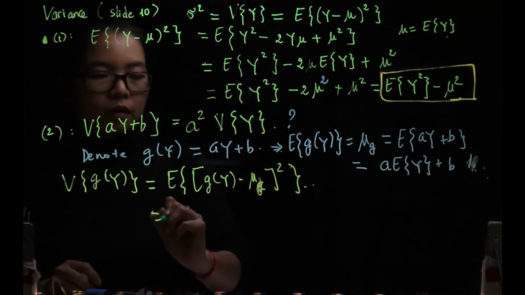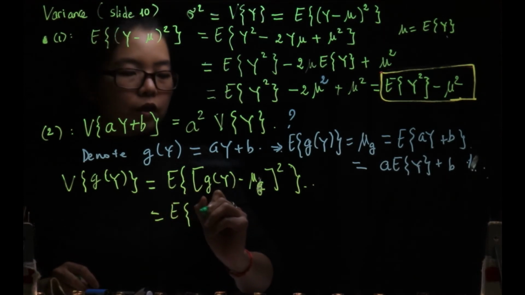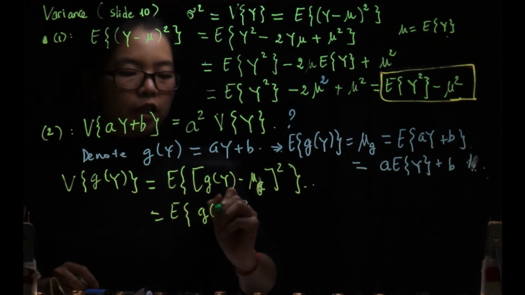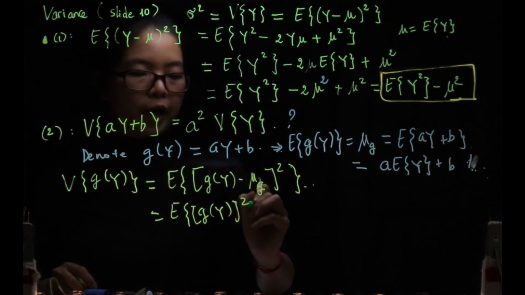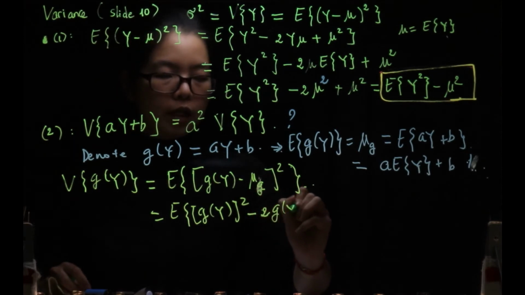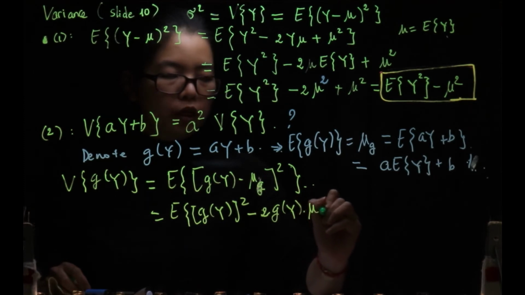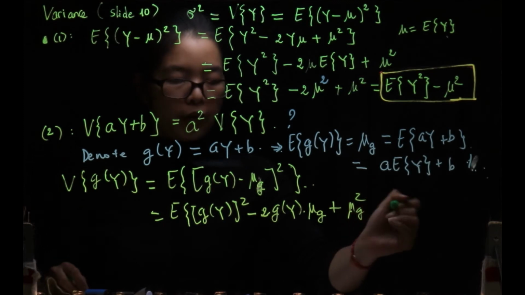Let's do it further. So that will be g of y square minus 2 g of y times mu g, right? Plus mu g square.